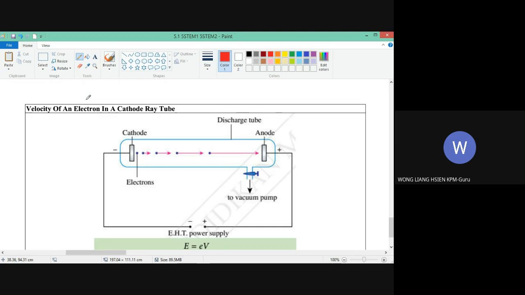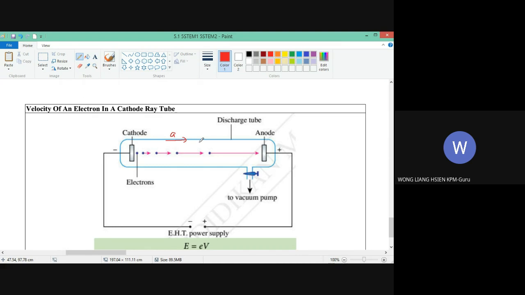Basically we know that when we produce a cathode ray, the electron is repelled by the cathode and attracted by the anode. So the electron will accelerate from the cathode to the anode. I want to stress that the electron undergoes acceleration from the cathode to the anode.